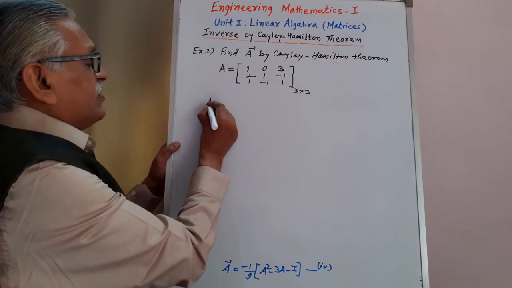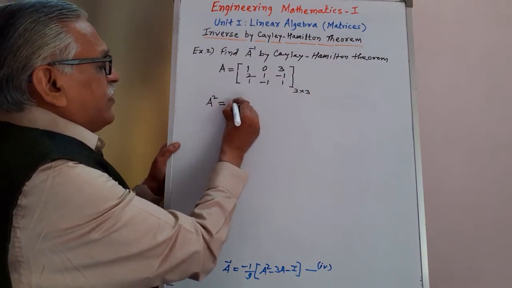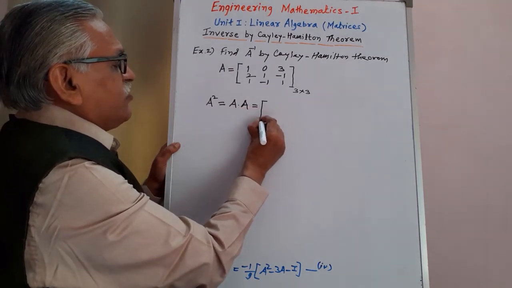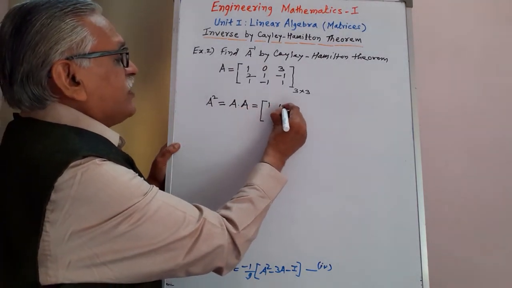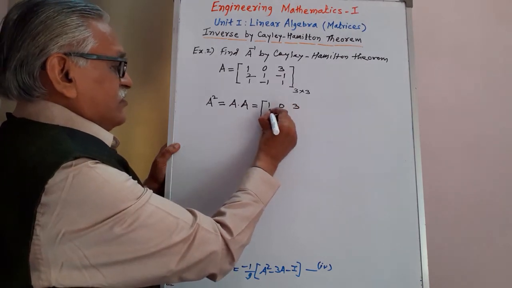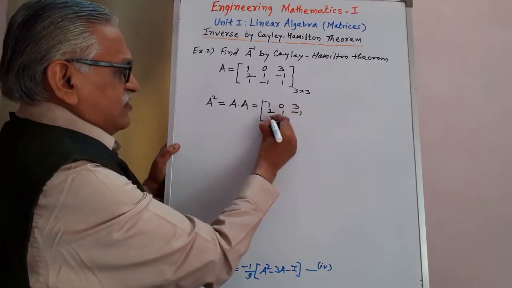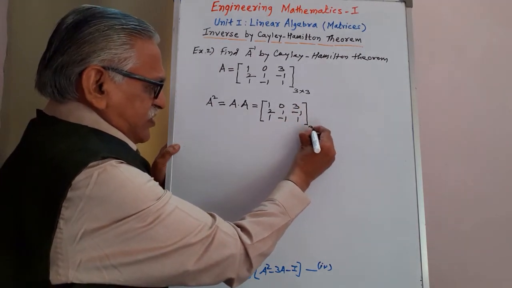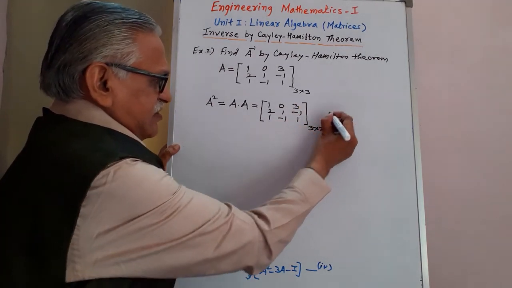Therefore, A square is nothing but the product of A into A. Matrix A, the given matrix, has elements 1, 0, 3, 2, 1, minus 1, 1, minus 1, 1. The order of this matrix is 3 by 3.